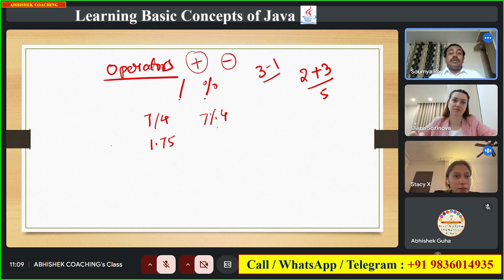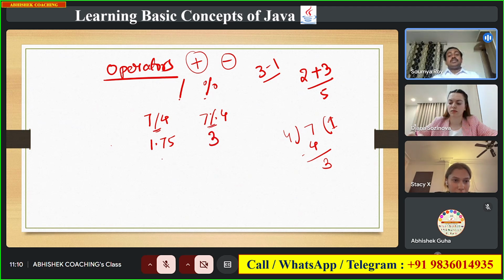And if you take the remainder, 4 ones are 4, so the remainder is 3. So the result for this operator will be 3, and the result for the division operator will be 1.75. There is a lot of difference between these two.